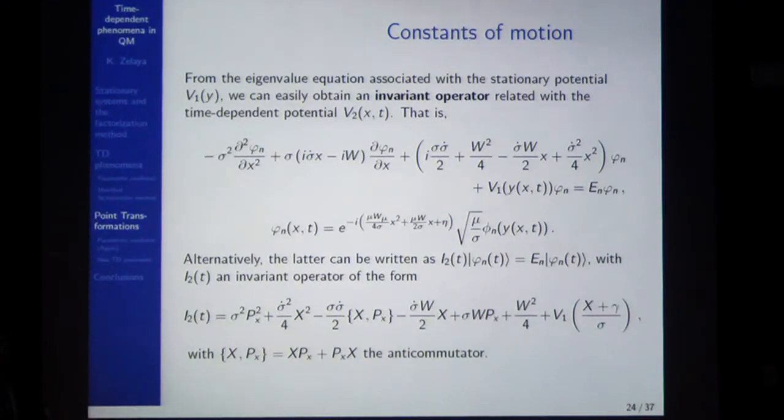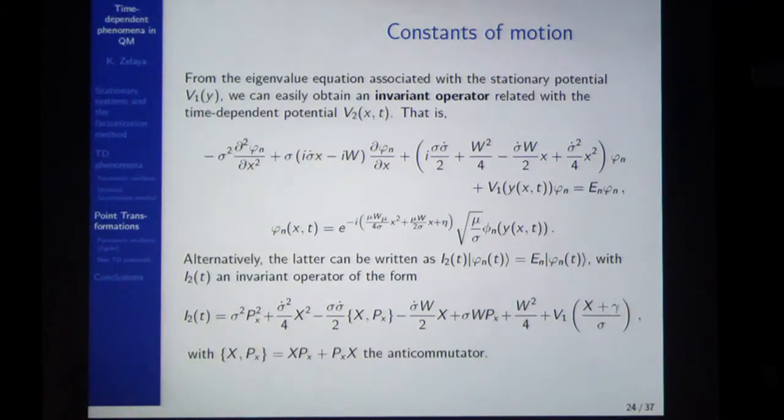The point transformation has another property, which is preservation of first integrals, which means that if we have a constant of motion in the former system, such a constant of motion will also be a constant of motion for the newly generated system. This is quite remarkable because we can exploit this property to get more information. Actually, this property is widely exploited in nonlinear systems to find constants of motion whenever it is difficult.